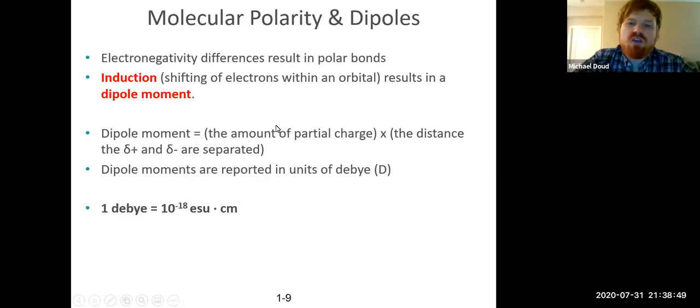So you can think of that like the bond length, and this is how big the difference in electronegativities is. If the difference in electronegativities is large, you're going to have a bigger partial charge, and that results in a bigger dipole moment. Similarly, the longer the bond is, the more that increases the dipole moment. So keep that in mind as well. But it's got to be the product, and you have to multiply both of them.